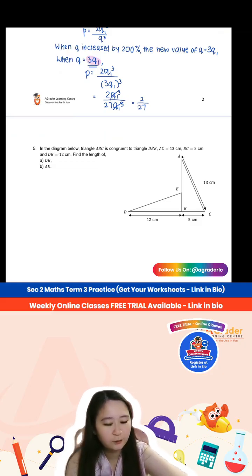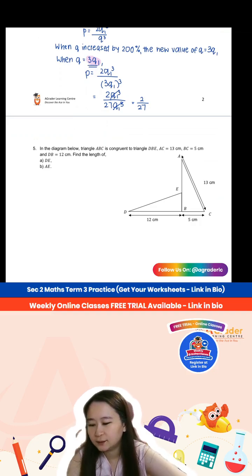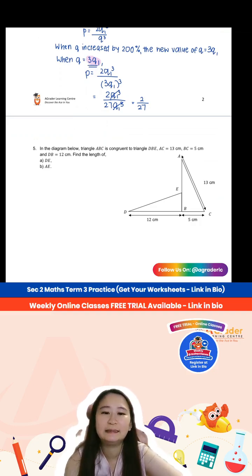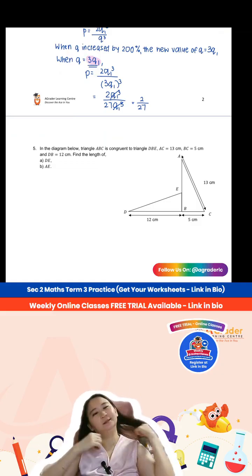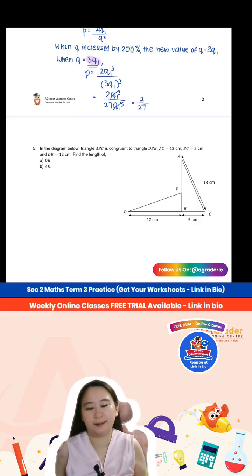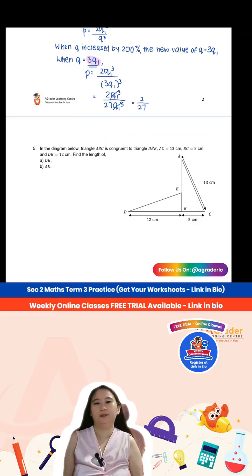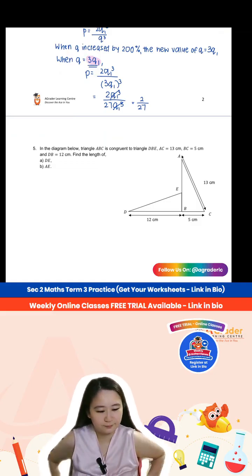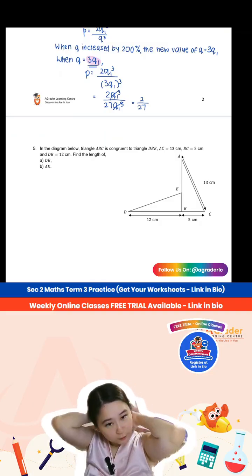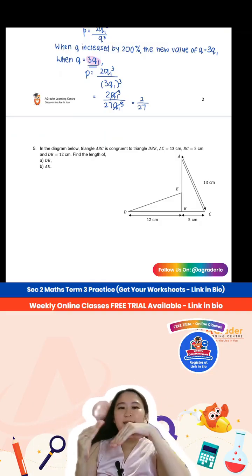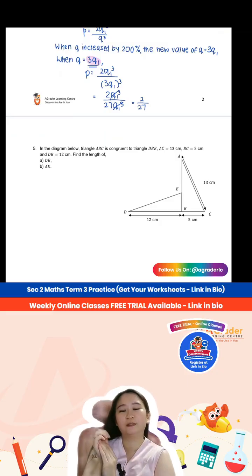Five is on congruent triangles. Congruent means they are exactly the same triangle. Same size, same shape. So for triangle, there's 3 sides, means their corresponding sides will have the same length.